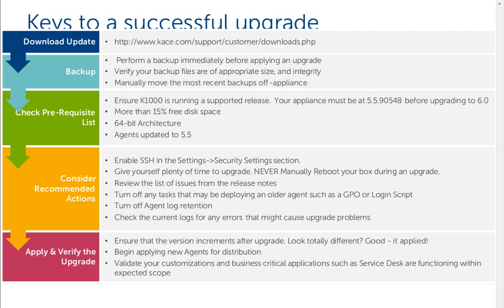In the next section down you can see here, enabling SSH in your K1000 is a good thing to do just as a general best practice. It functions like a backdoor. Something goes wrong, you can't get in the web UI, but you know that the appliance is turned on. Support can help you get in through that back door, but if SSH isn't enabled, there ain't no back door to get into. So you want to make sure you've got things like that done.